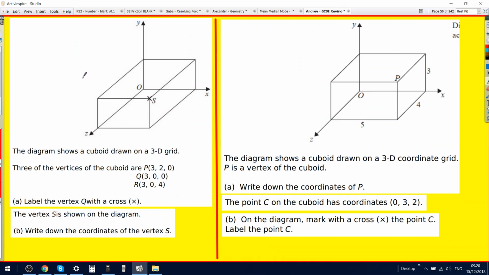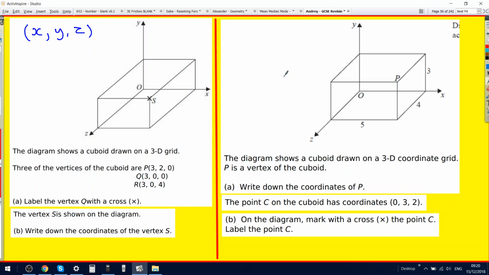Okay, 3D coordinates. Or maybe let's start with the one on the right.